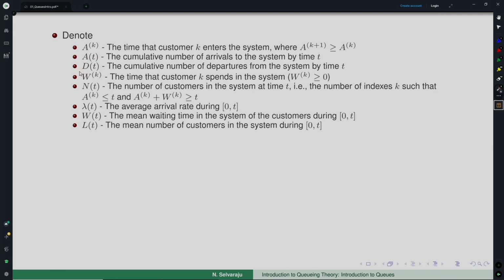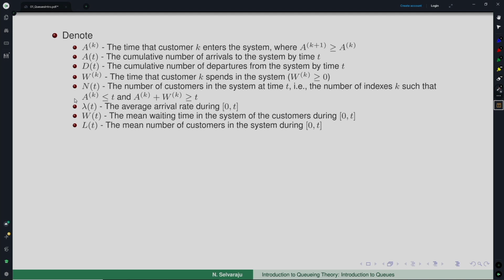So, in that same interval 0 to t, what is the number of departures that have happened from the system up to time t. And W_k is the time that the kth customer spends in the system. Obviously, it needs to be non-negative. And N of t, which we already defined, is the number of customers in the system at time t.